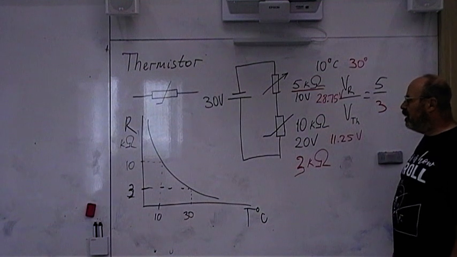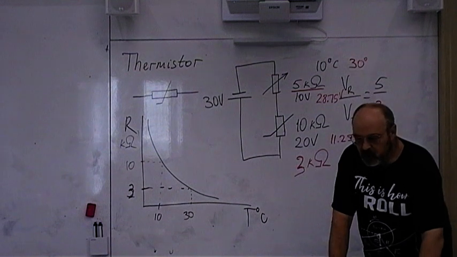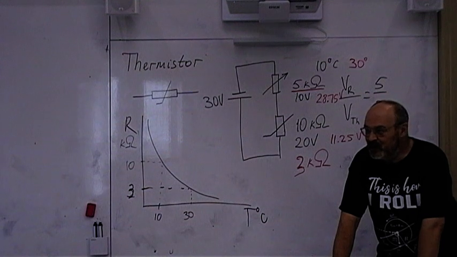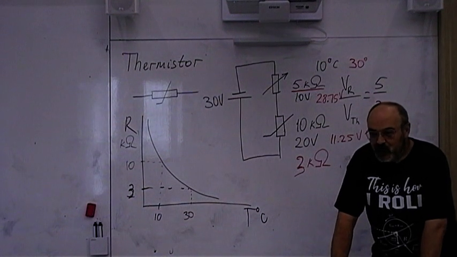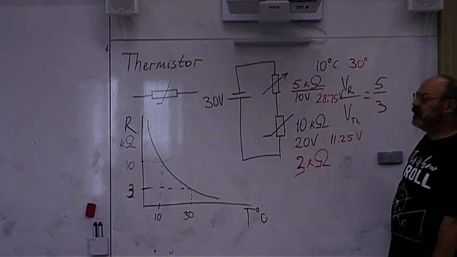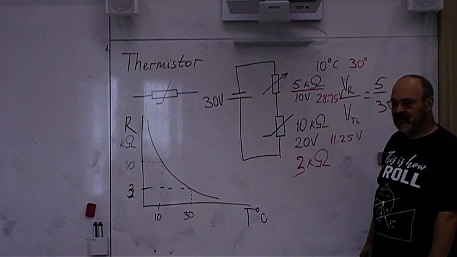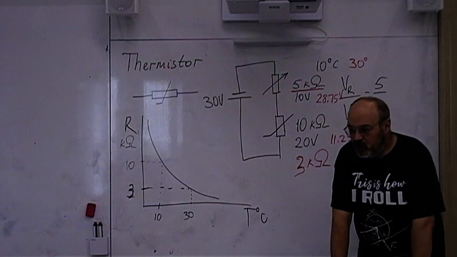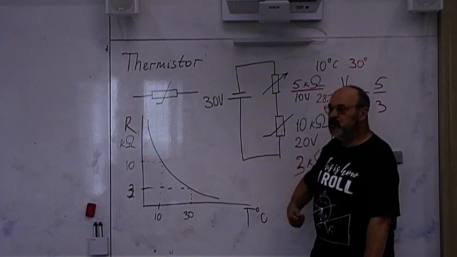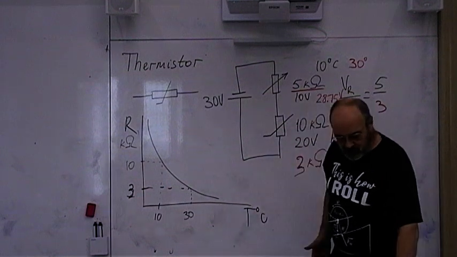So, what we want when temperature increases, what would you like to turn on? Heater or air conditioner? When temperature increases? Air conditioner. So, to turn on the air conditioner, where should we connect it? Across thermistor or across variable resistor? We want to turn on the air conditioner when temperature increases, so we need it across the variable resistor.